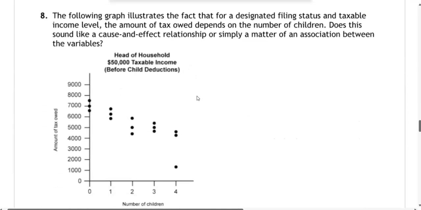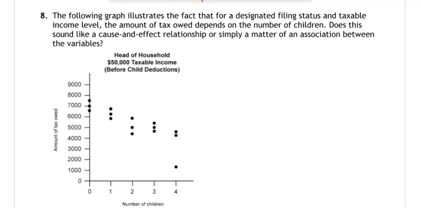The following graph illustrates the fact that for a designated filing status and taxable income level, the amount of tax owed depends on the number of children. Does this sound like a cause and effect relationship or simply a matter of an association between the variables? So let's consider what we have here.